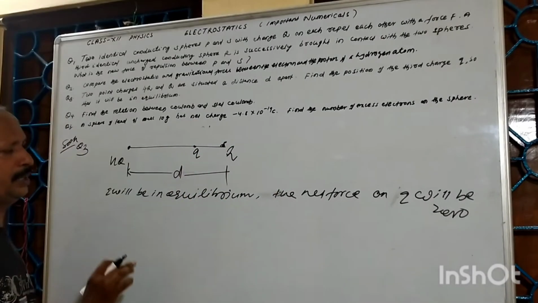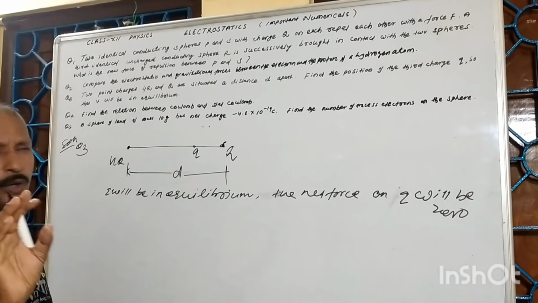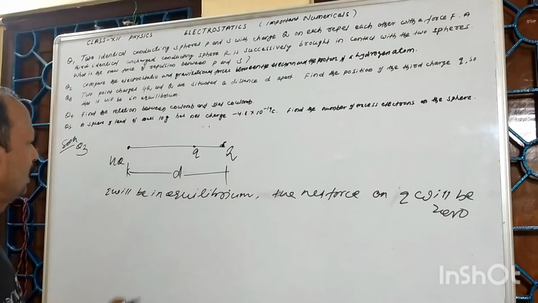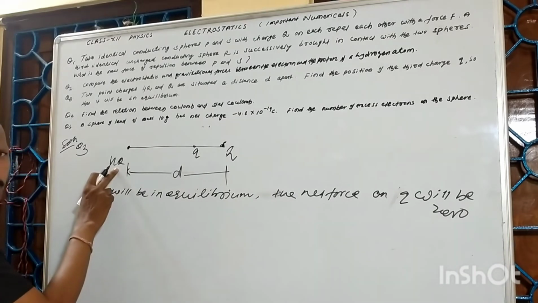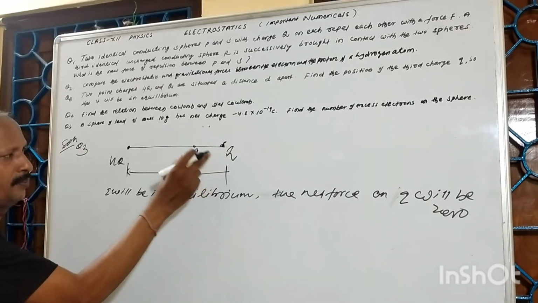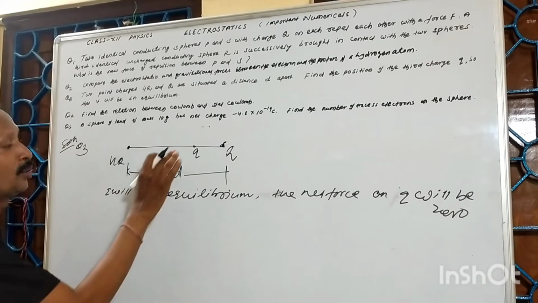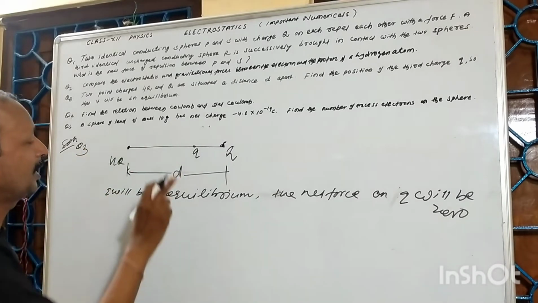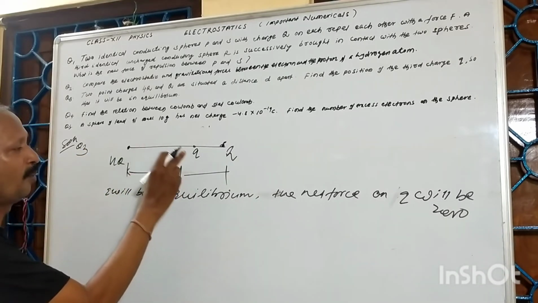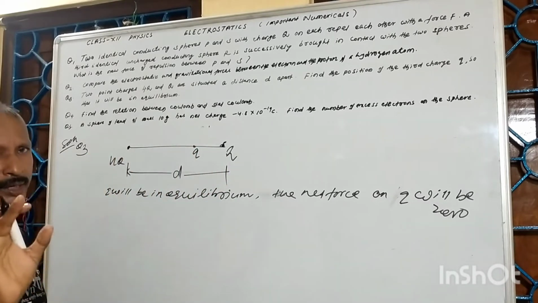I have taken it here, nearer to the q, because it will be in equilibrium. Here 4Q charge is more, here single Q is there, that means the force exerted would be less. That's why, to counter it and balance it, I have taken the small q nearer to Q than 4Q.